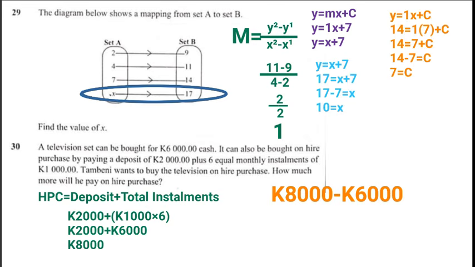When you find the difference of 8,000 and 6,000, the difference is 2,000. So Tembani will pay 2,000 more if he buys on hire purchase than buying at cash.